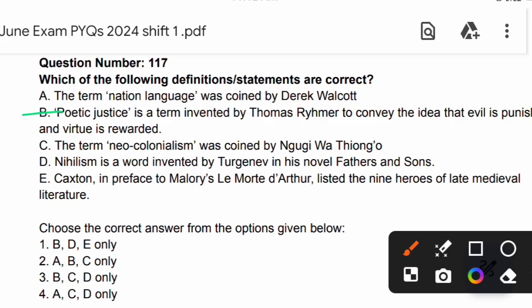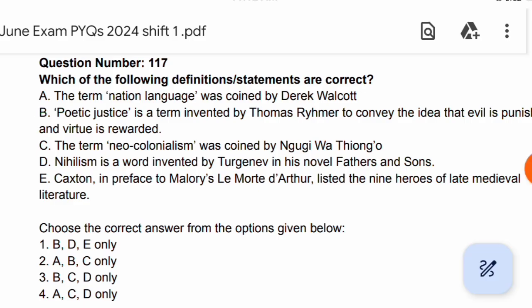D, nihilism is a word invented by Turgenev in his novel Fathers and Sons. And E, Caxton, in the preface to Malory's Le Morte d'Arthur, listed the nine heroes of late medieval literature. Find the correct answer, everyone. You have to tell which definition statements are correct.